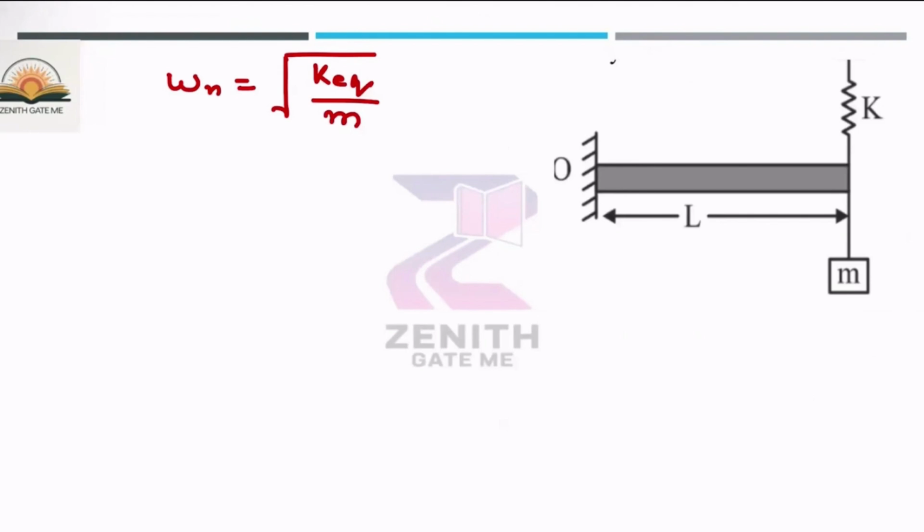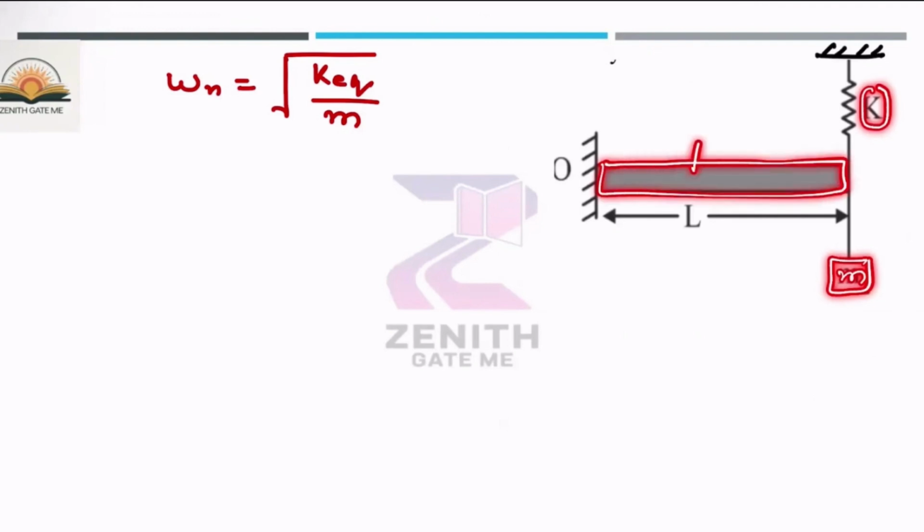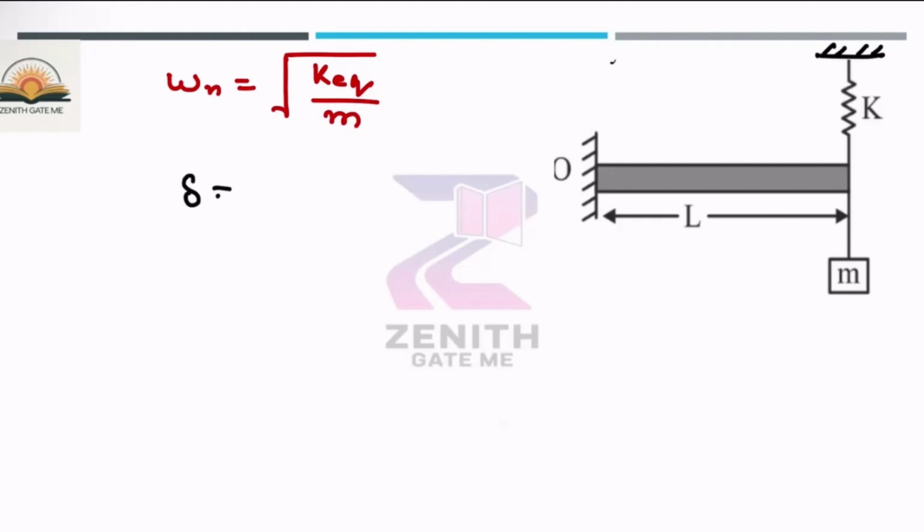So here, this is the spring having spring constant K, and this is the mass, and this is nothing but the cantilever beam. So you can calculate the stiffness of the beam by using the static deflection relation. Whenever there is a cantilever beam, if the load W is acting, the deflection is nothing but WL cube by 3EI.